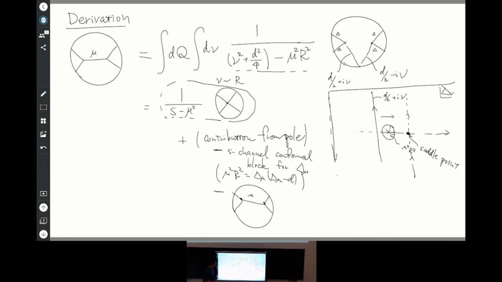The point here is that this exchange Witten diagram, a probably known fact to many people, is not just given by the conformal block of this operator with dimension delta mu, but it also has a contribution from double trace operators. So basically, this saddle point collectively describes the double trace contribution.